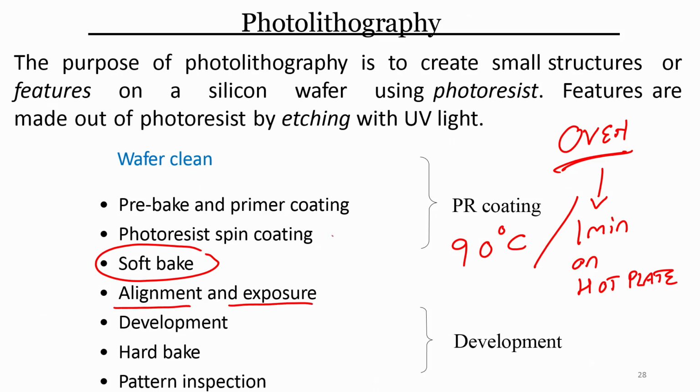So, I have a wafer, I clean the wafer, and then on this wafer I coat a primer. On the primer, right, I of course pre-bake it and then coat the primer. On that I will spin coat my photoresist.